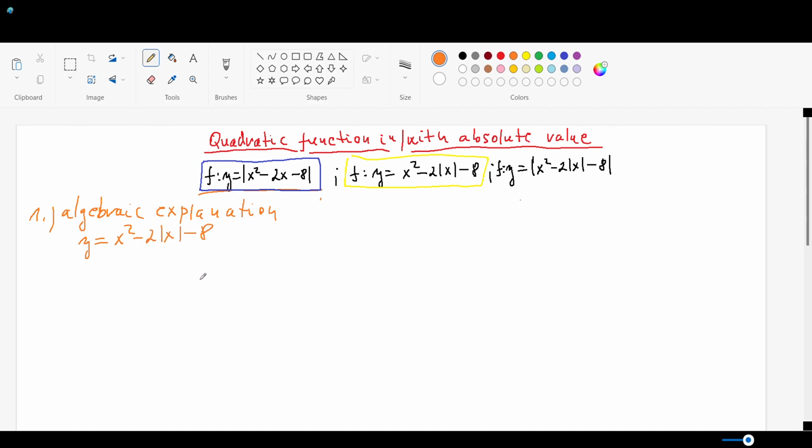we'll be sketching the graph of the function y equals x squared minus 2 times the absolute value of x minus 8.